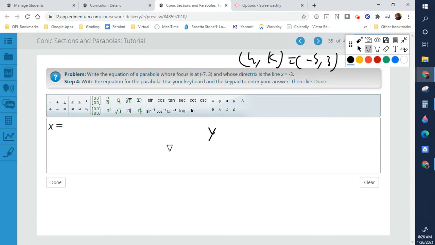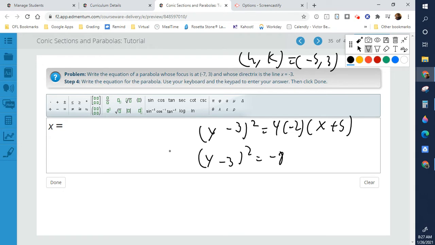So we're going to do y minus 3 quantity squared equals 4 times -2 times x plus 5. So a few things we can do here. Since we need to solve for x anyways, we can just basically not even have to distribute that -8 right here.